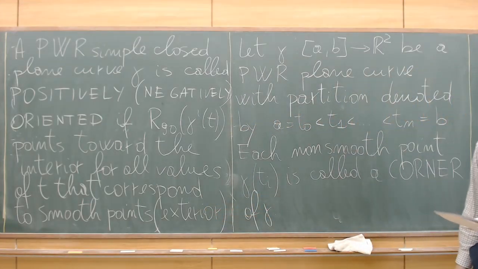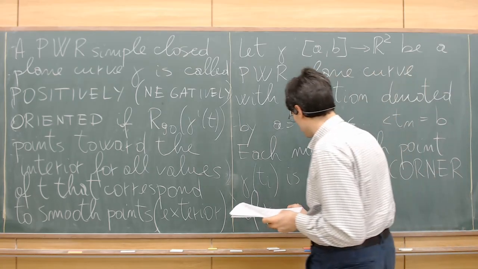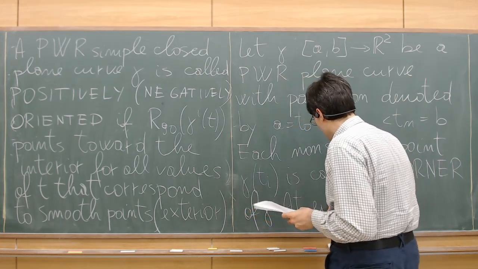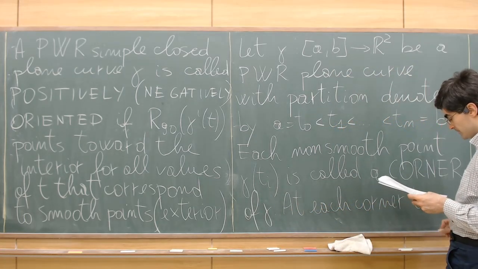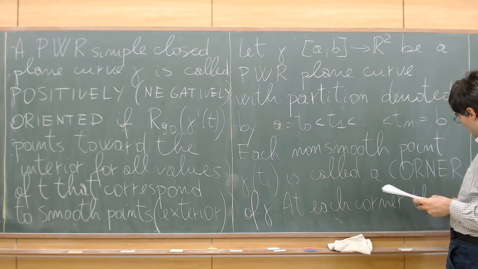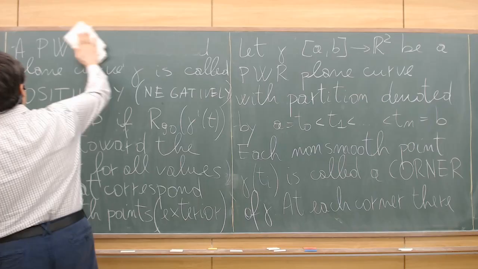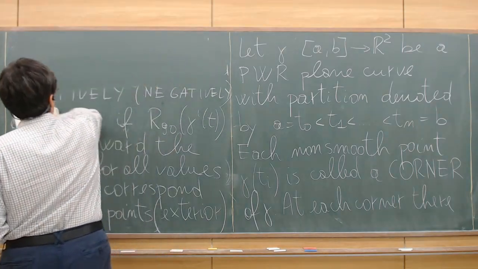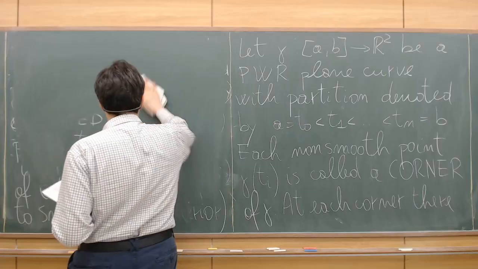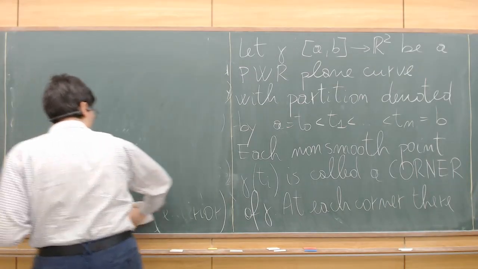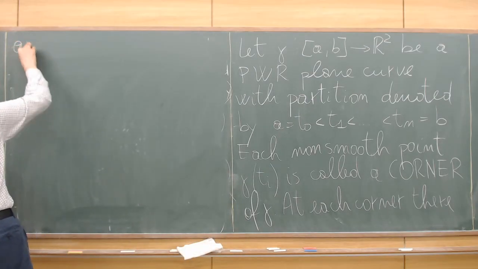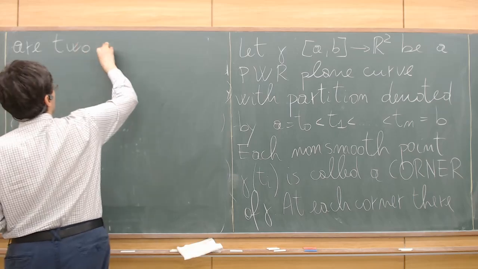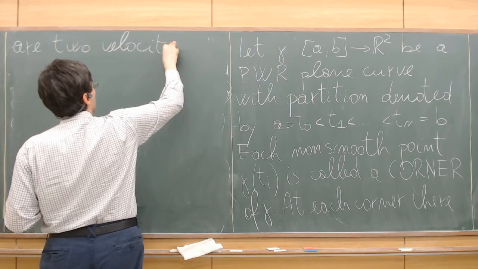and we also observe that at each corner there are two velocity vectors.